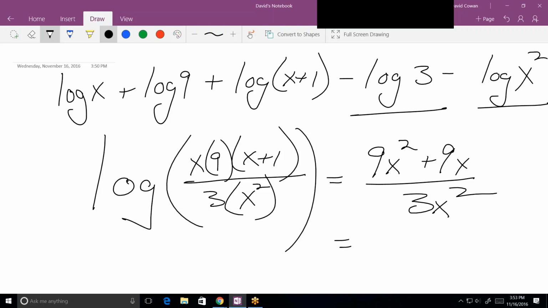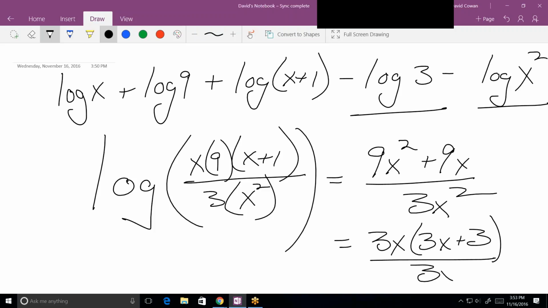In other words, if I factor out a 3x from the top, notice that it works a little bit better, I think. And I'm dividing that by 3x squared, so I can cancel that 3x with all but that. So now my final answer looks like 3x plus 3 over x.